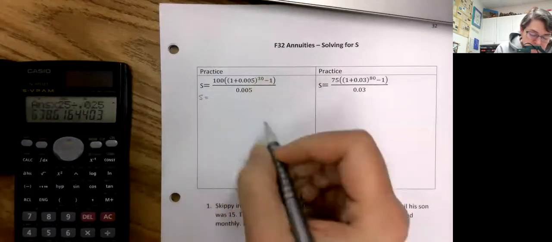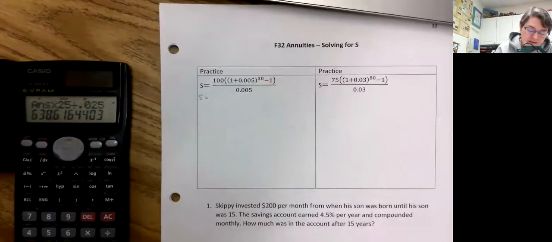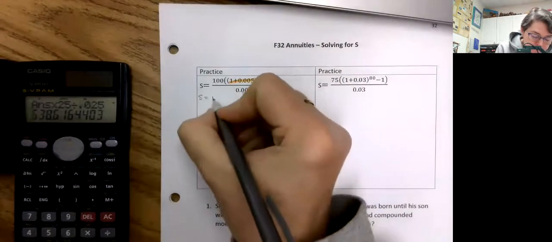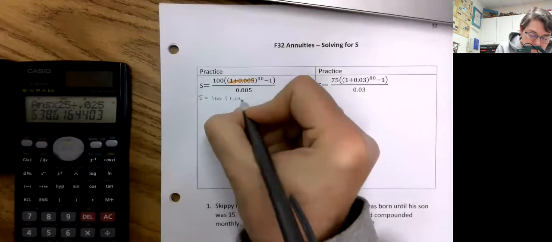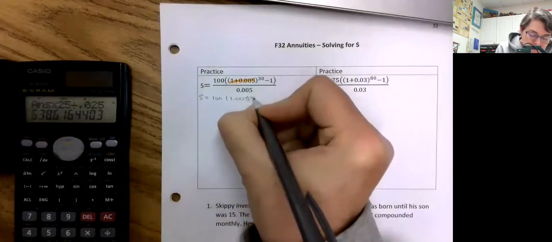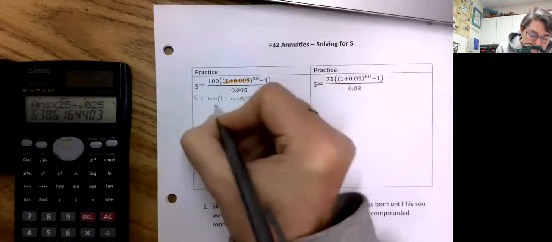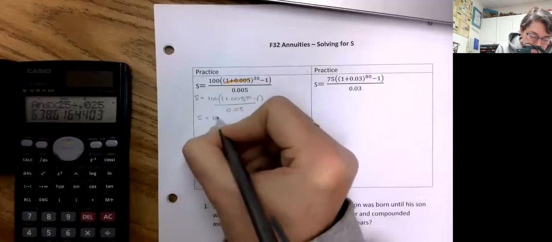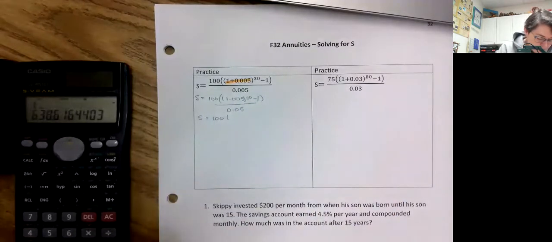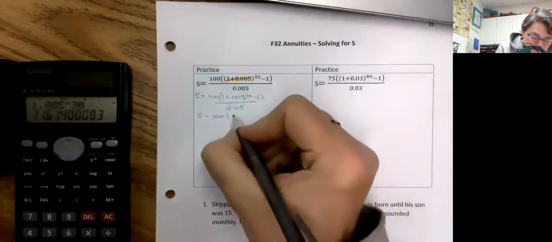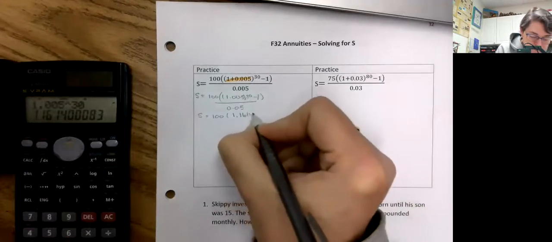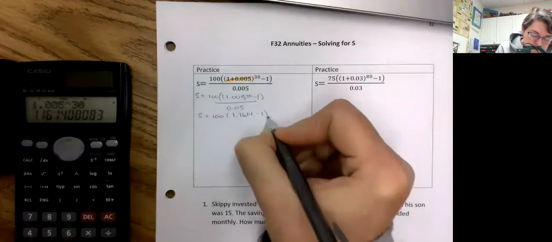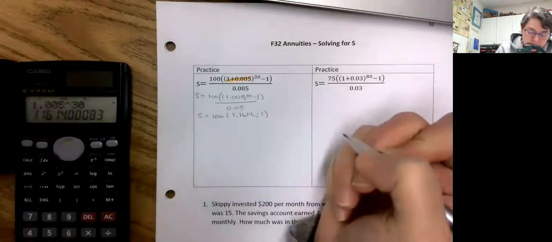So S is equal to, I start with my inside bracket. Add that up. I'm going to do my exponent. 1.005 to the 30th minus 1, over 0.005. 1.005 to the 30th power is 1.1614. I put my little dots in there to remind myself that I got lazy.